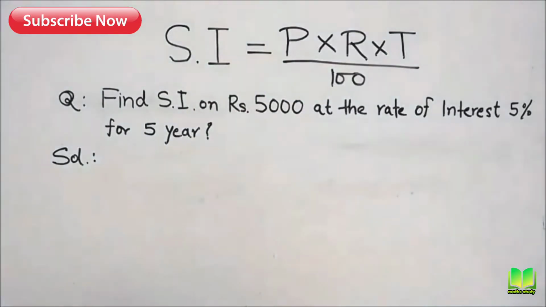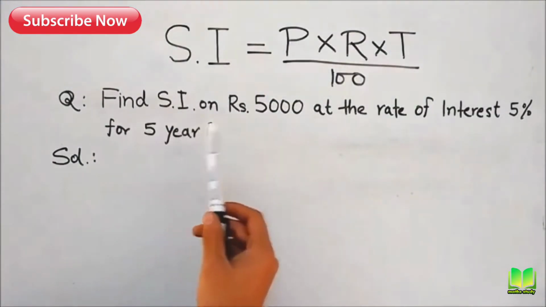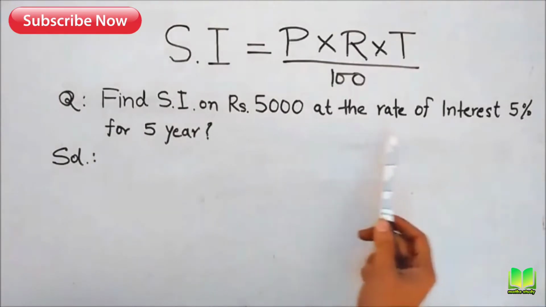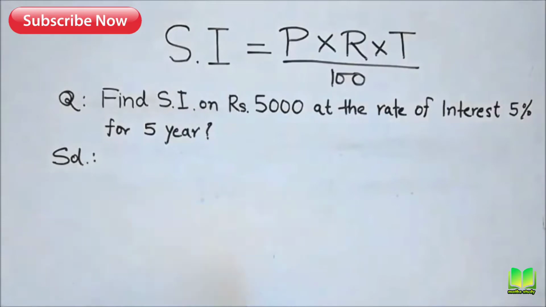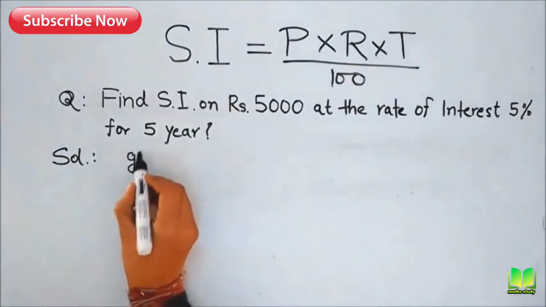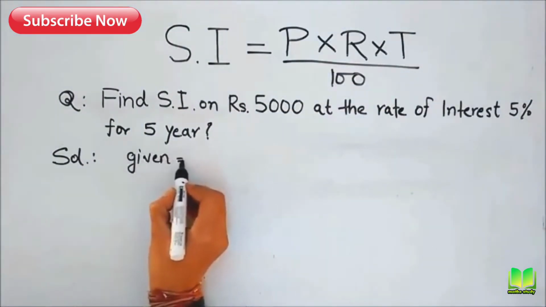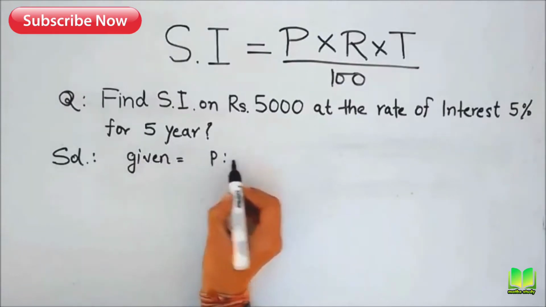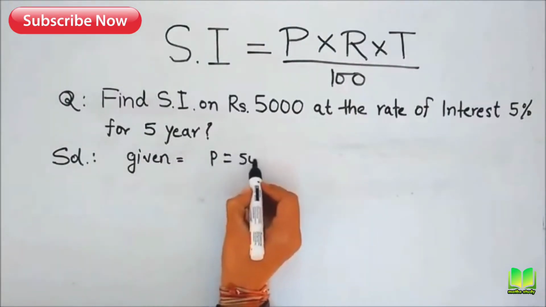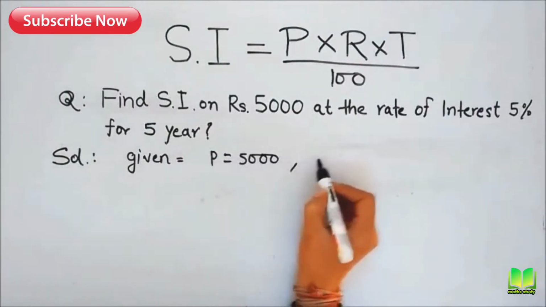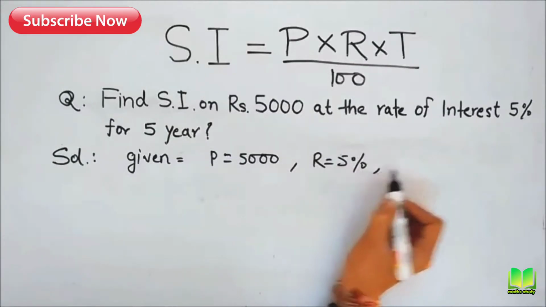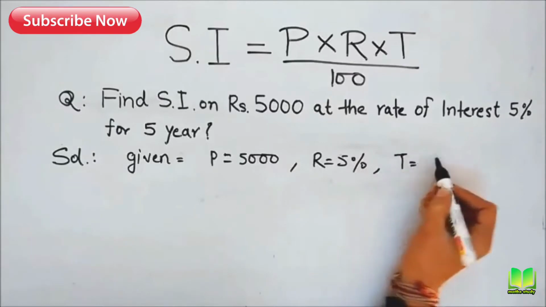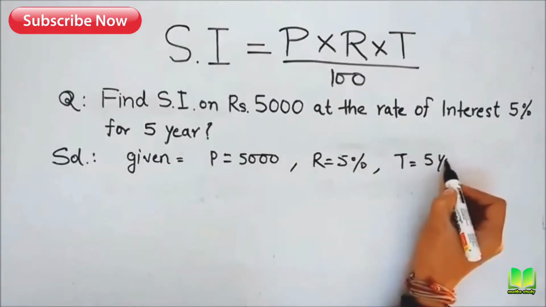We have the first question, that is find the simple interest on rupees 5,000 at the rate of interest 5% per annum for 5 years. In this question we have given principal, that value is 5,000, rate we have given is 5%, and time that is given is 5 years.